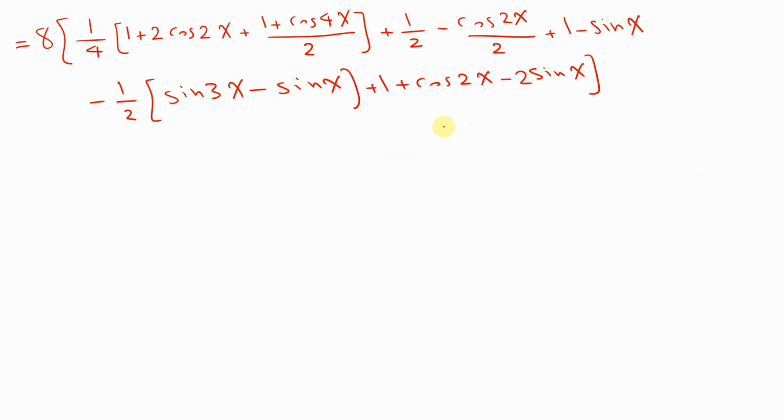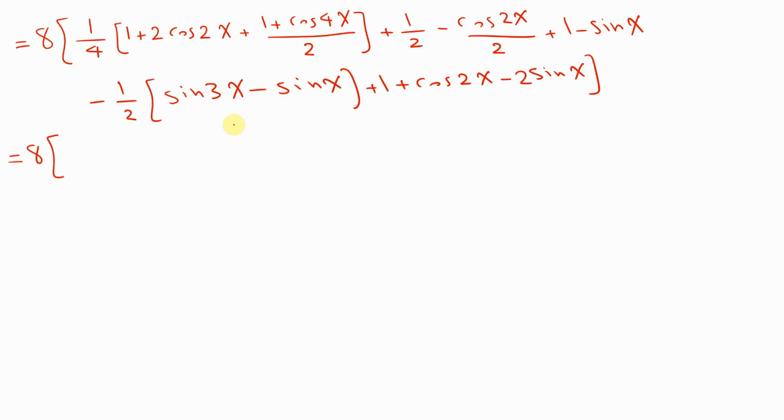Now I'm going to organize it to become what we're looking for, as A, B, C, D, E, all the coefficients. How can we organize it? 8 times.